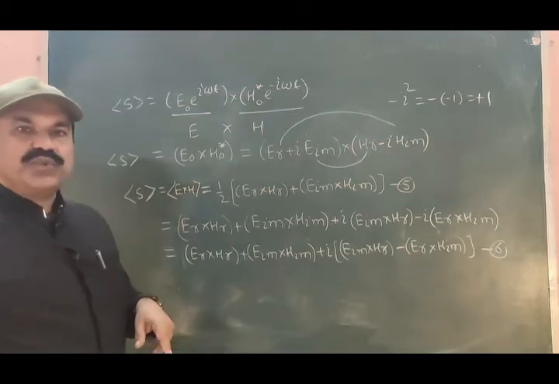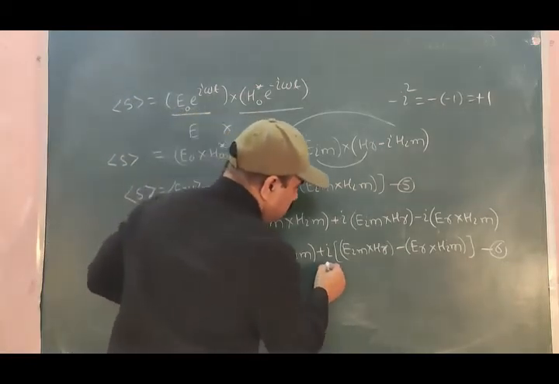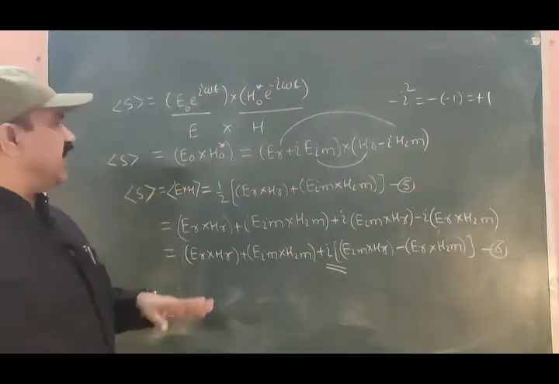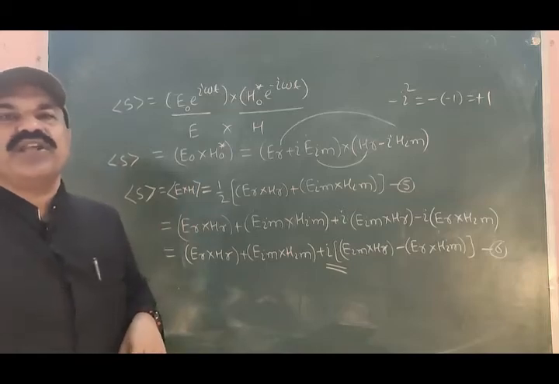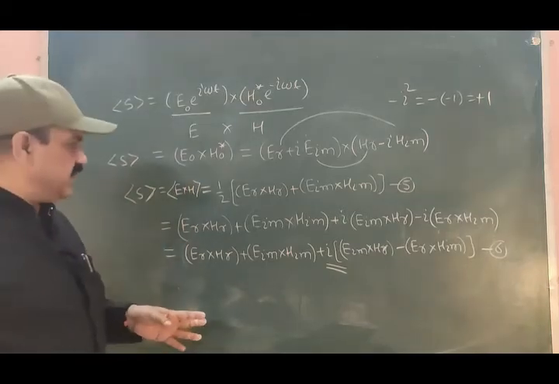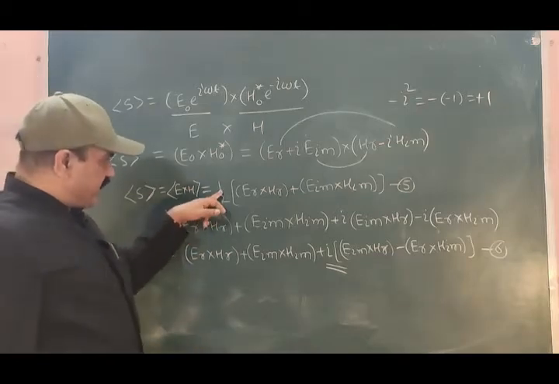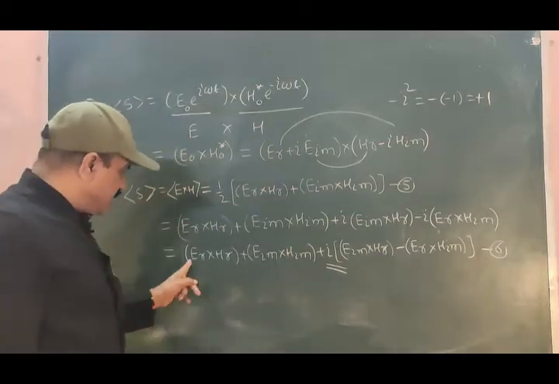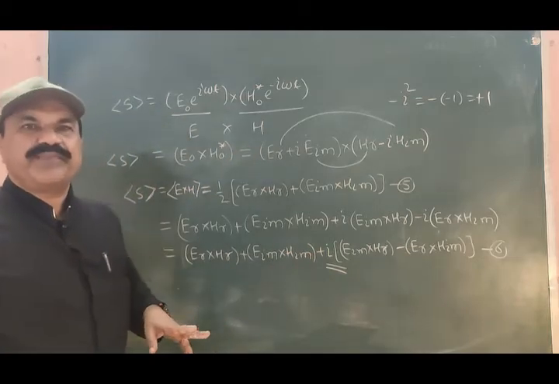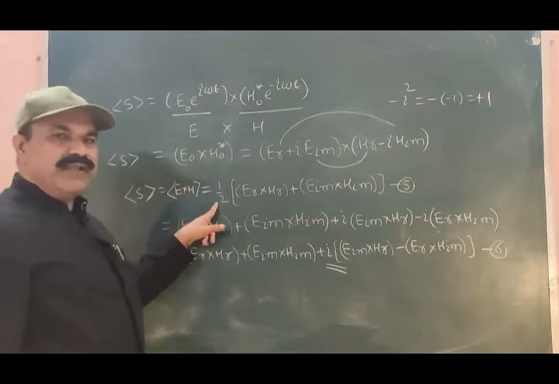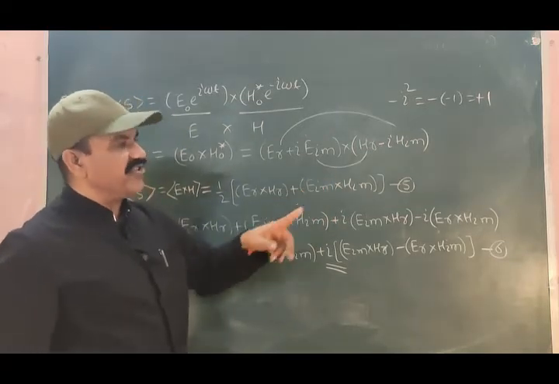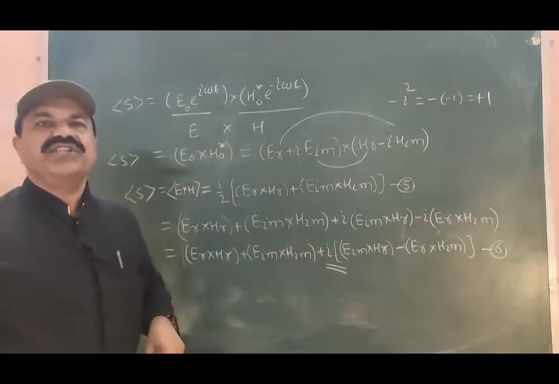If we compare these two, this imaginary part will not come into the time average of the Poynting vector. No need to go for that. Except this 1 by 2, this real part and this real part in equations 5 and 6 are the same.